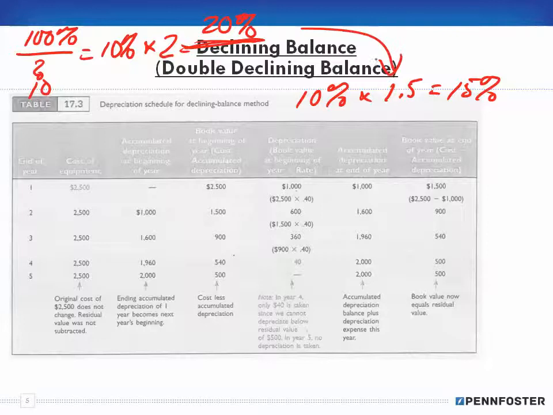Any factor that's less than 2 means I'm going to get a lower amount of depreciation expense than if I had used the double declining balance method, in other words, using the factor of 2. But you're going to use those rates, like in this example, 40% every single year, because you determine that rate up front.